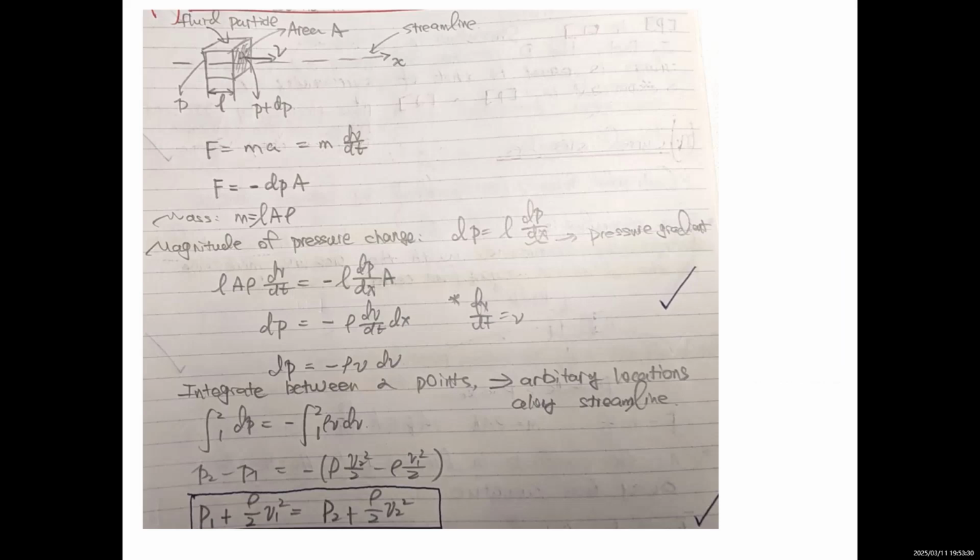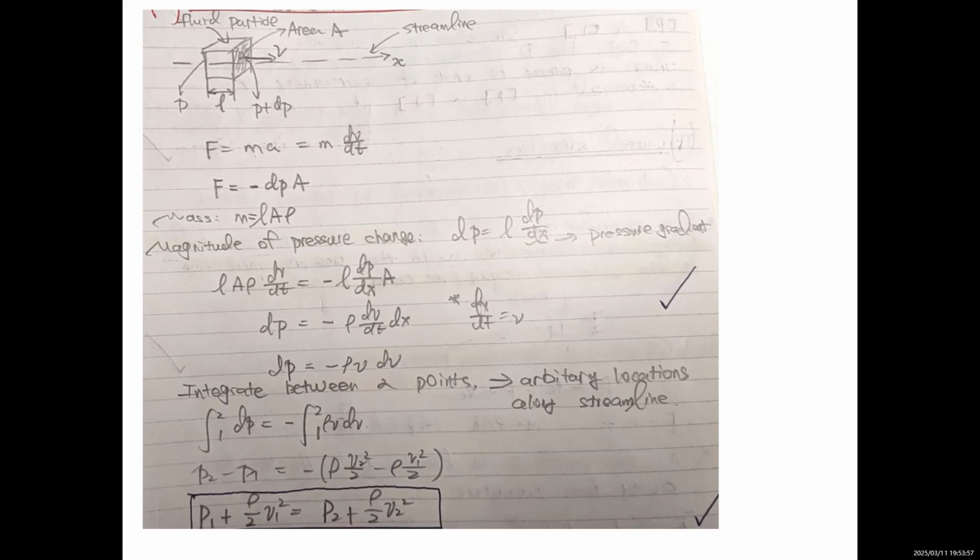There's surface tension, there's gravity, there's friction, and there's force due to pressure difference. However, we're going to ignore the surface tension and gravity as well as friction. We are only focusing on the force due to pressure difference. So now the model becomes simple.